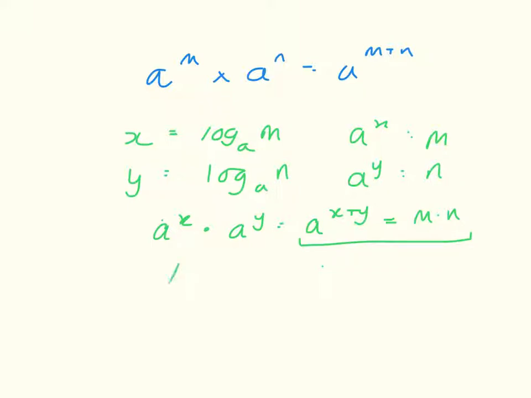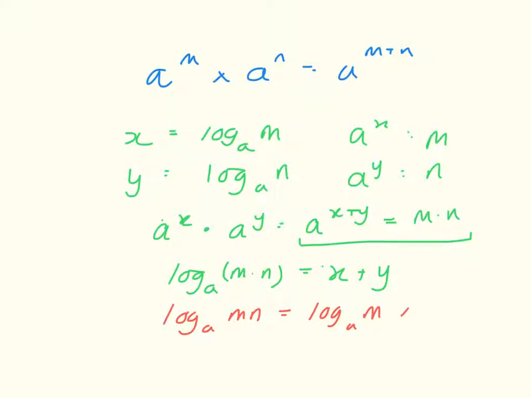So log base a of m times n, and we're going to put it in brackets to make sure it's clear, must equal x plus y. Now, we have expressions for x and y, so we can therefore write that log base a of mn, originally written without the multiplication, will equal log base a of m plus log base a of n. So there's our log law.